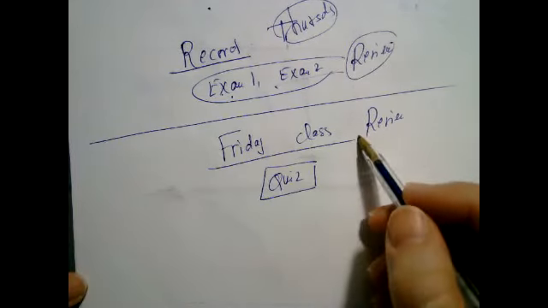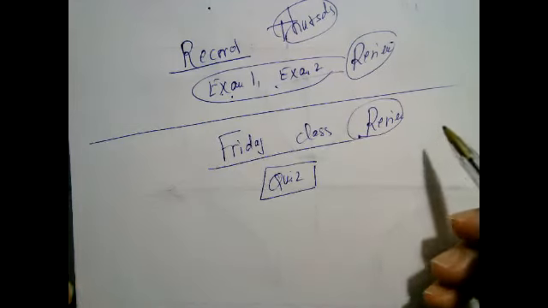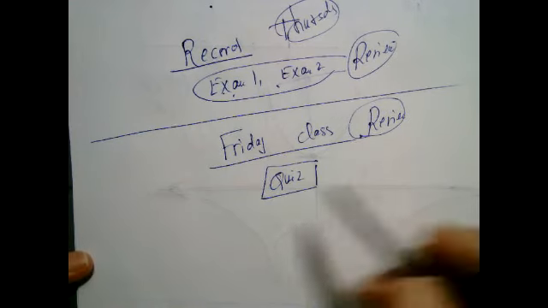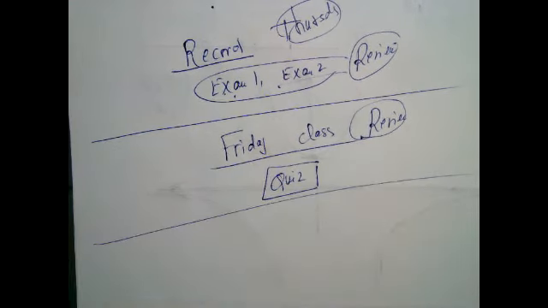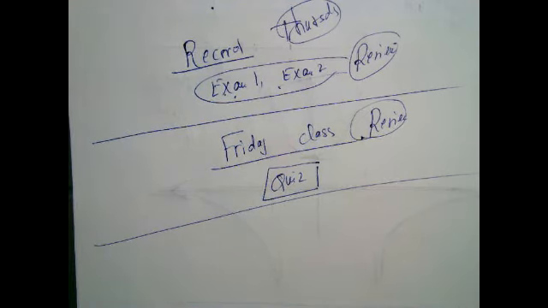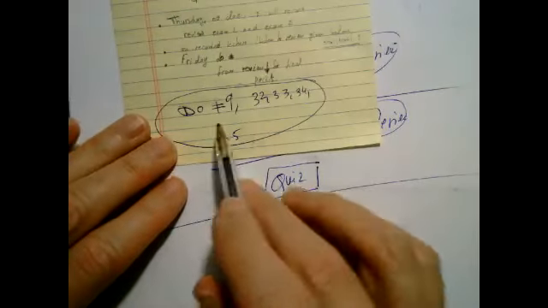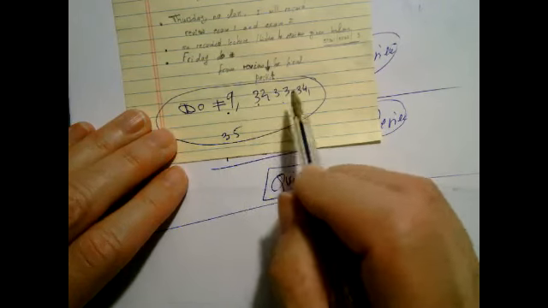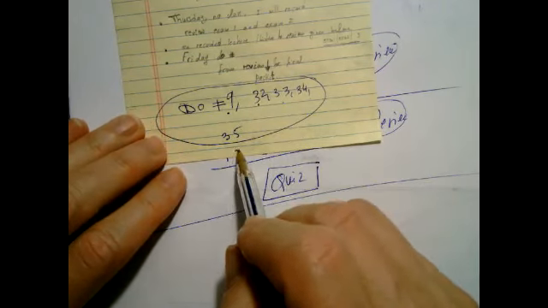Now, the Friday class is a review. You can ask me any question you want from the review. I will be very glad to do it. My idea was that you focus on the problems that deal with substitution, the new material. The problems that deal with new material were number 9, 32, 33, 34, 35.